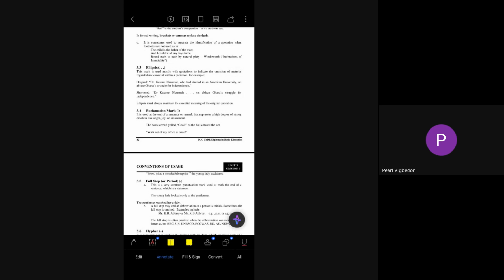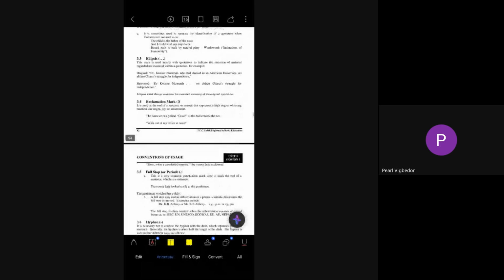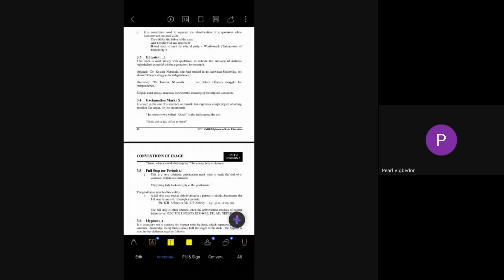So in a sentence, when you omit some parts of the sentence from it, or some words from it, that is the omission. This is not just a word that you have omitted. This is a whole word that you have taken out, a whole phrase that you have taken out. That is the omission, the ellipsis. Ellipsis is just like omission. So you ellipse some of the words. You leave some of the words.